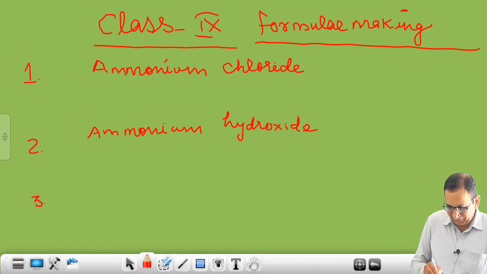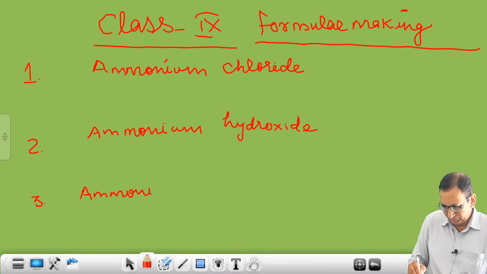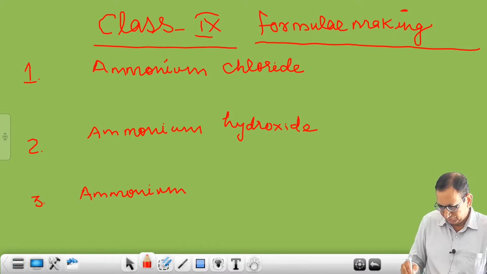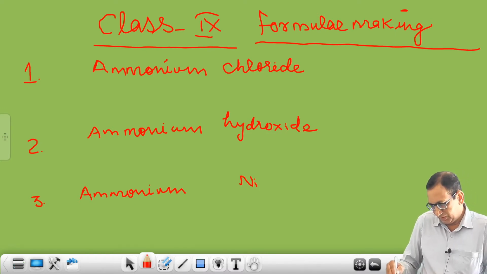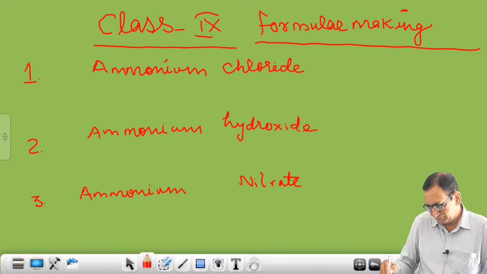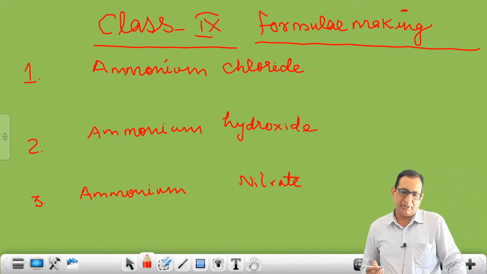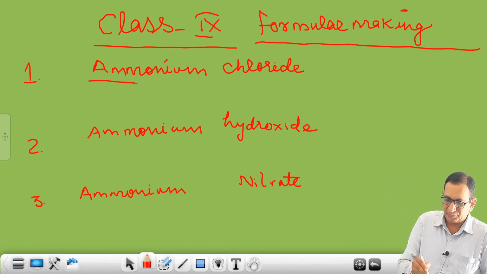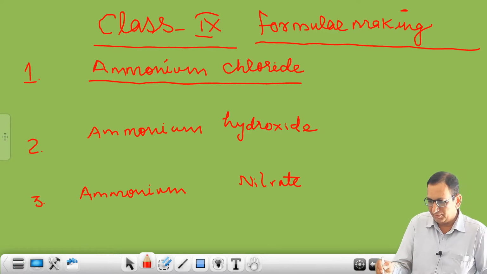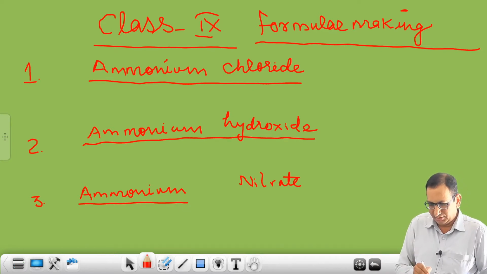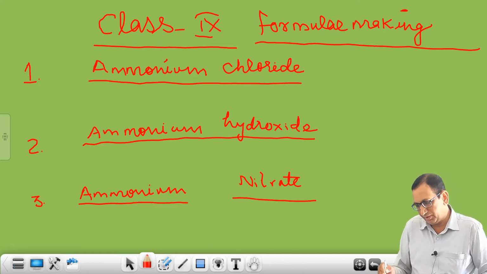Third example, I am taking ammonium nitrate. So let's start with these three examples. First, I have taken ammonium chloride. Second is ammonium hydroxide, and third is ammonium nitrate.